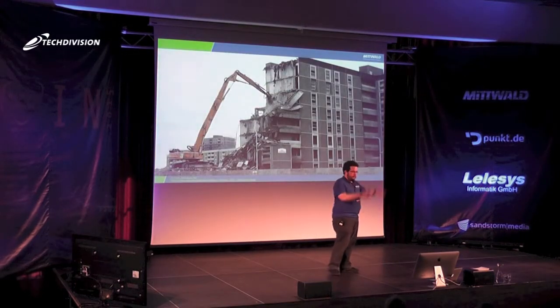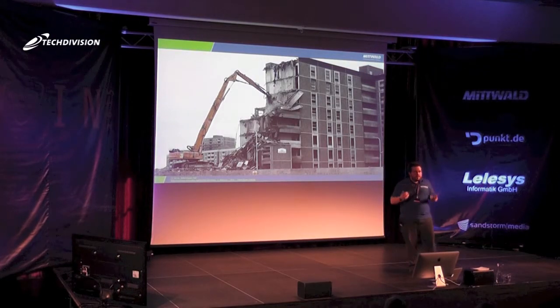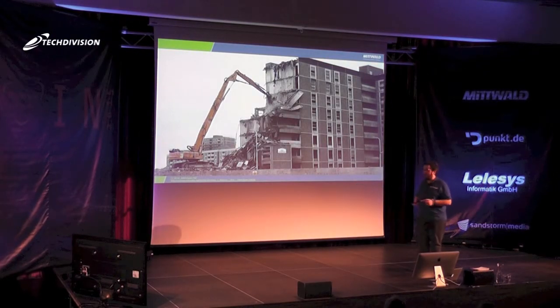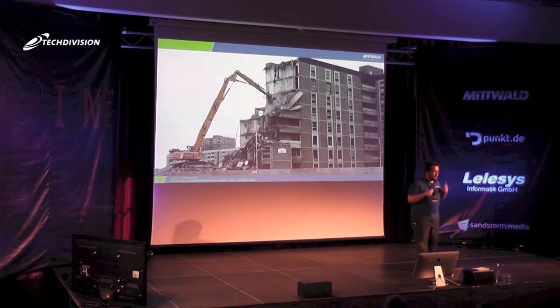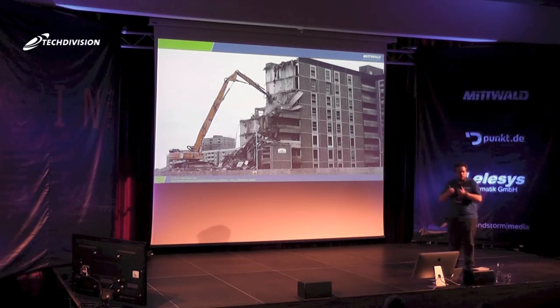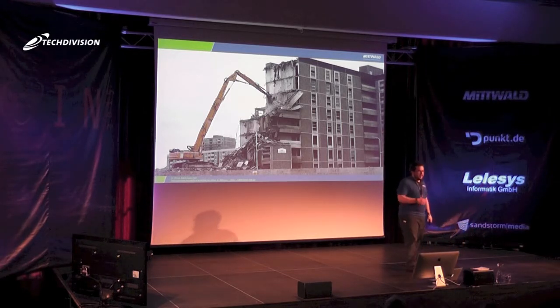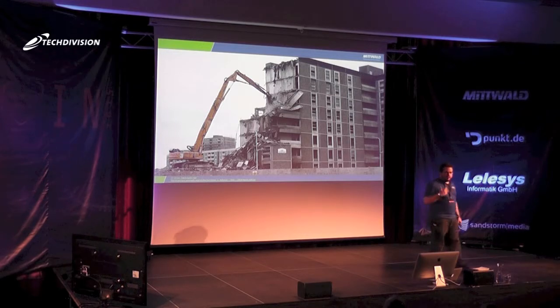Tear it down, build it anew. That may be a viable option for many cases. But when you have applications that have maybe grown over decades, have millions of lines of code, it's not really a trivial task to rewrite an application like this from scratch.